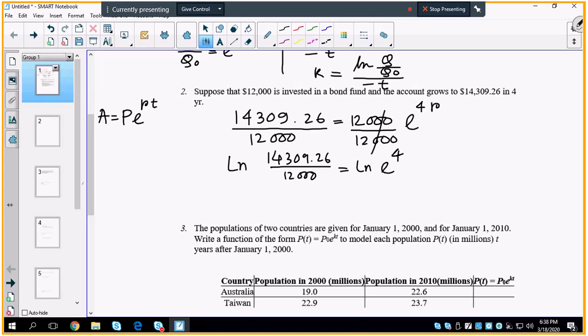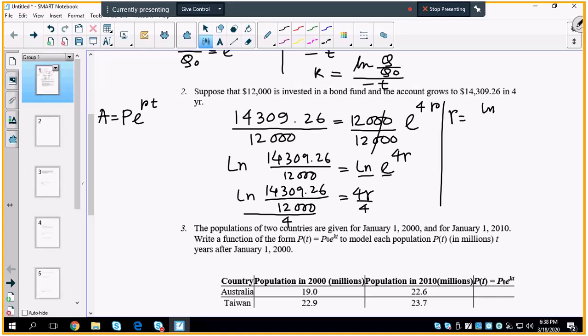As usual, natural log of $14,309.26 over 12,000 is equal to 4r, because e and natural log cancel each other. Remember, you are solving for r, so you will divide both sides by 4. So the rate of interest is almost found. It is natural log of 14309.26 over 12,000 and all over 4.